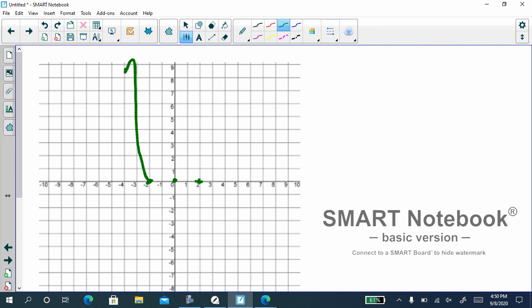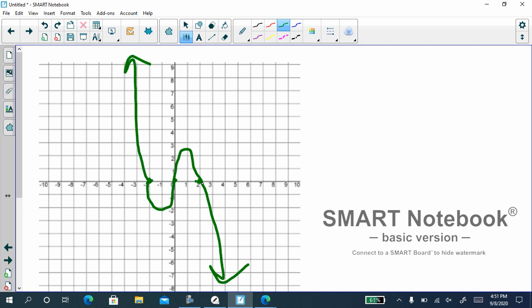We're up on the left side, down on the right side, and we cross at each 0, at each x-intercept. So we cross here, we turn around, we cross here, we turn around, and we cross there.